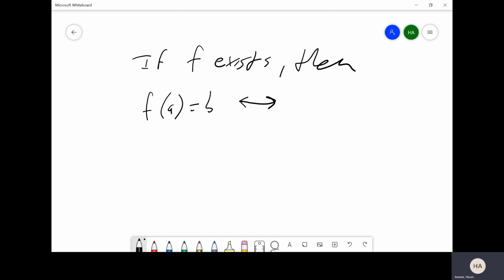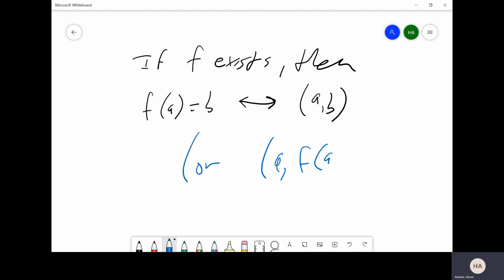It corresponds directly to the point a comma b, or you could also think about it, and I'll put this in blue here, as a comma f of a, right? f of a is directly equal to b here, so we know that you could just replace your output with f of a, and that's the exact same thing.